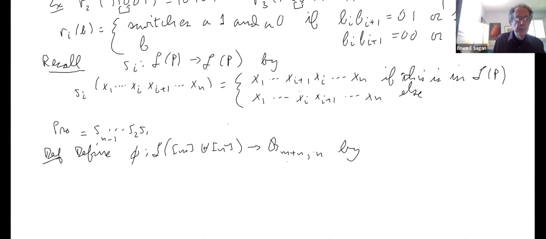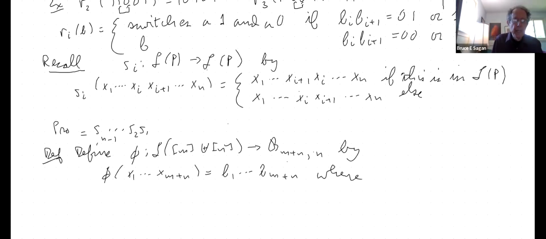So phi of a linear extension is going to give me a bit string. And I just have to tell you what the b_i's are. And they're very simple. b_i is going to be 0 or 1, right? It's a bit string.